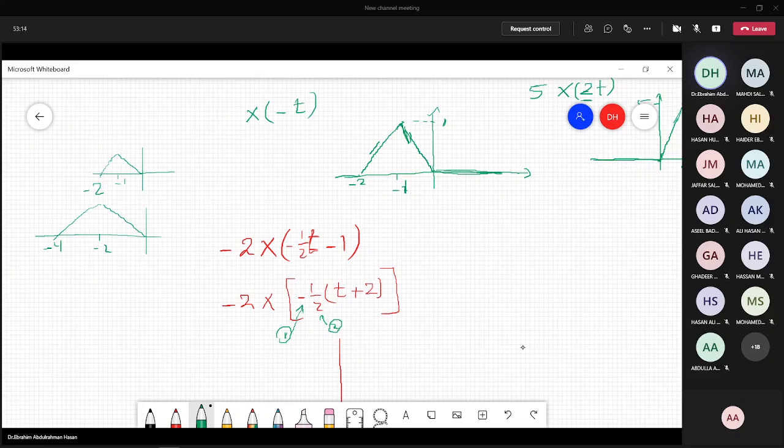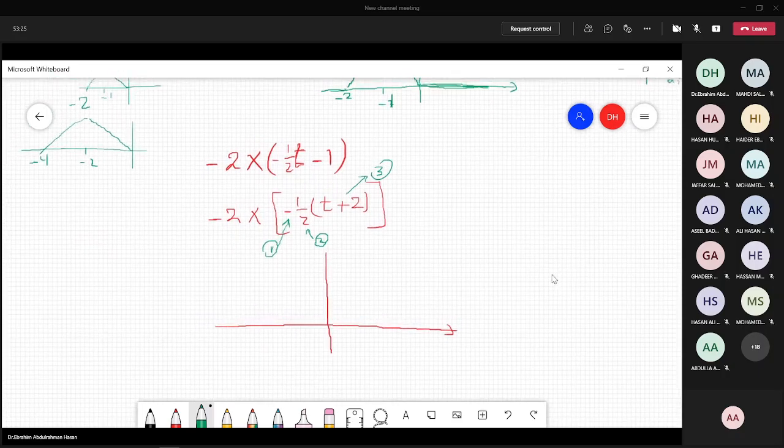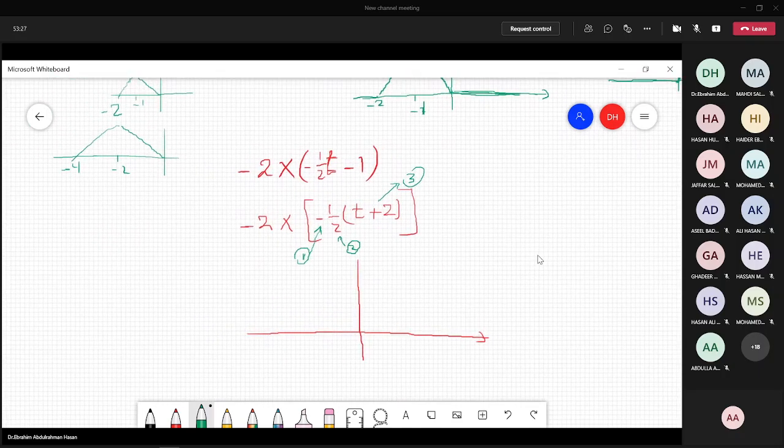Number 3, we shift it. Then here you can start wherever you want. Scale it, then flip it, or flip it, then scale it. There is no problem with this.